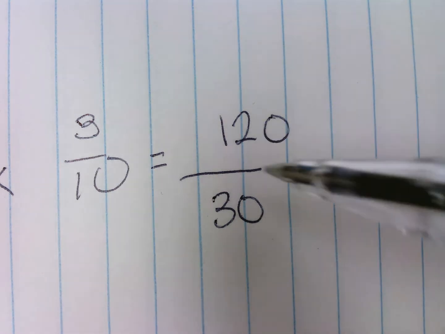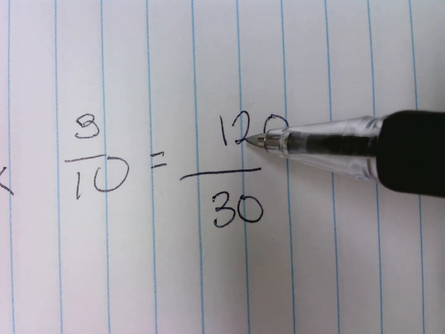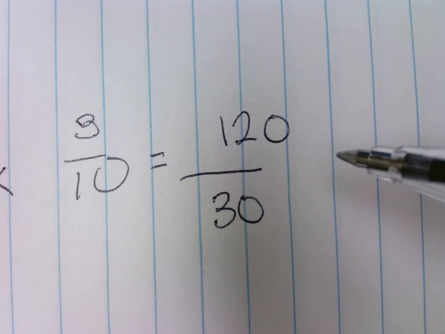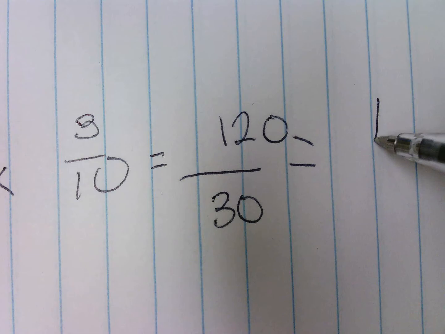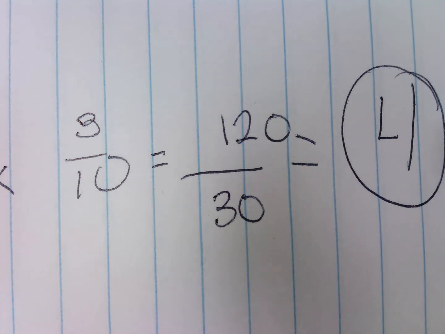Well, I know that 3 times 4 equals 12. So 30 times 4, let's see if that equals 120. 30 times 4 does equal 120. So this comes out to be an even 4. So it's a whole number 4.